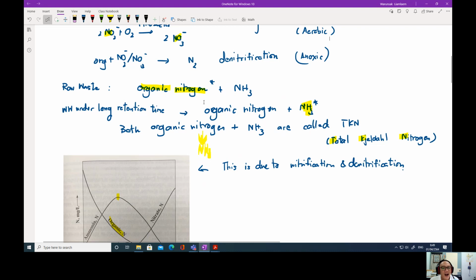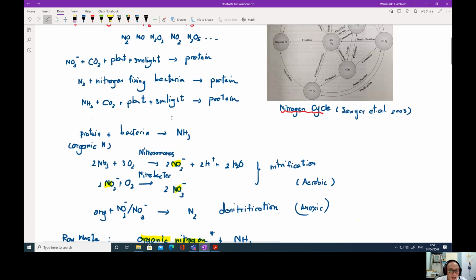So you can expect high amounts of organic nitrogens in the raw waste, while ammonia is present in a small amount. But if you keep this wastewater for a long time, like several hours to several days, these organic nitrogens will be broken down to become ammonia.